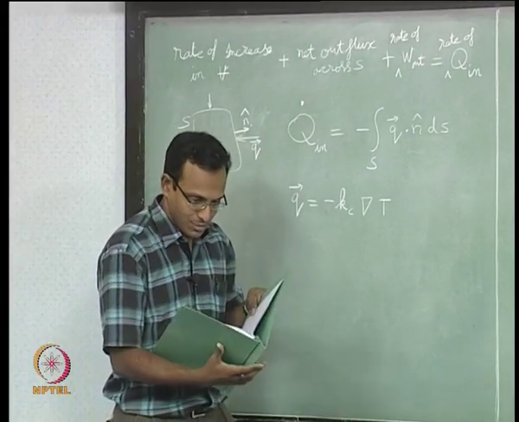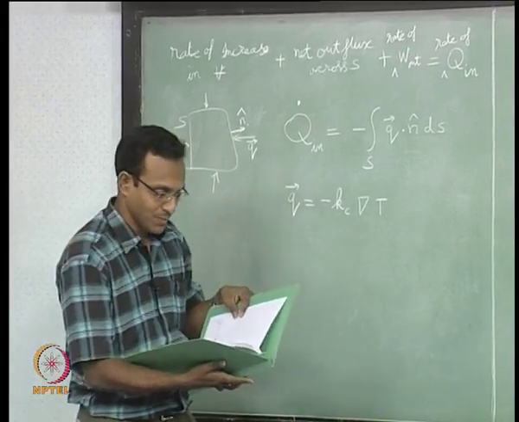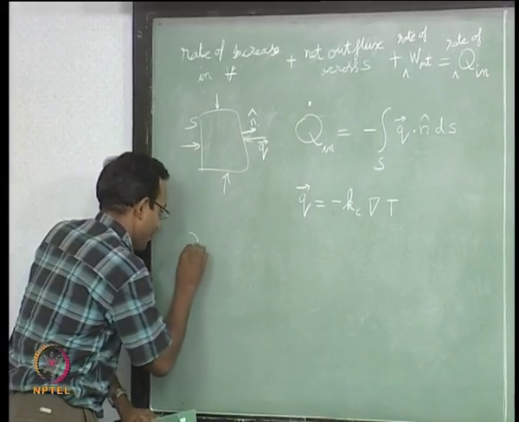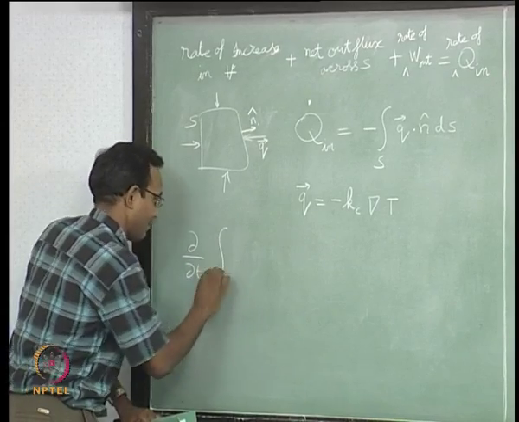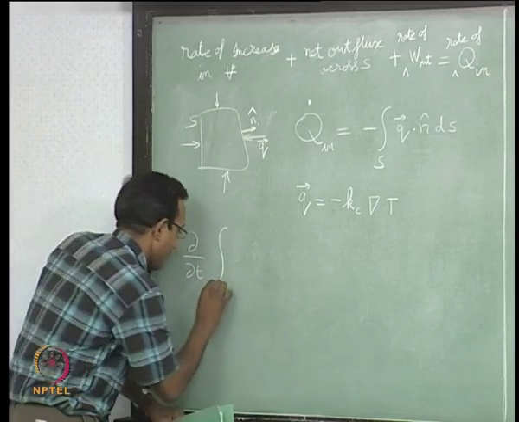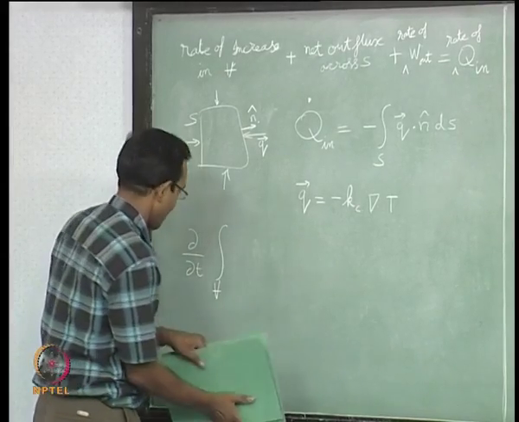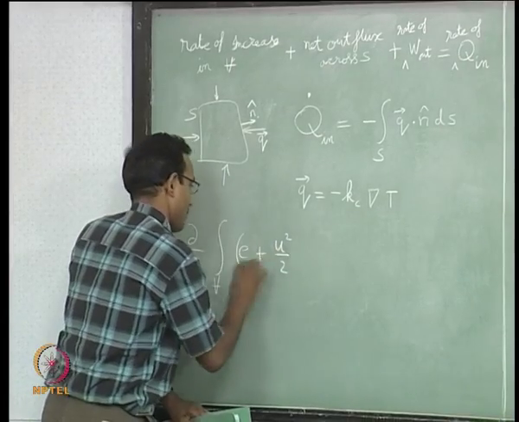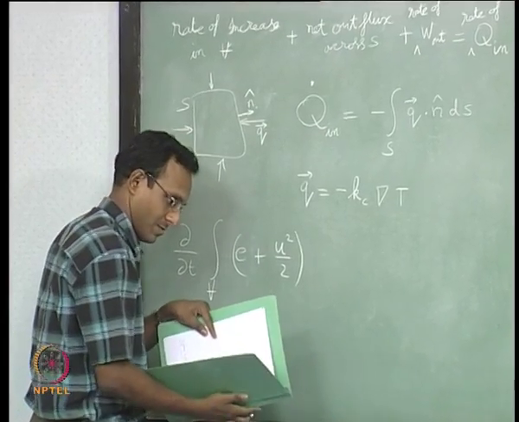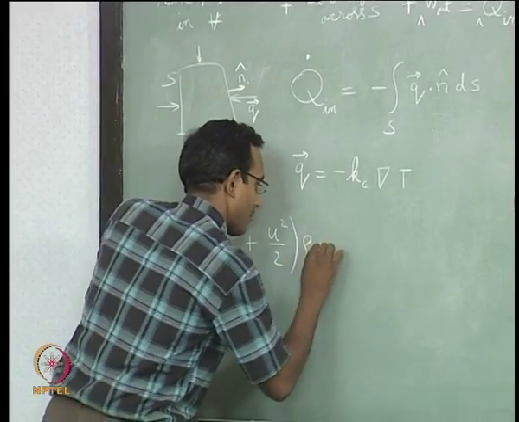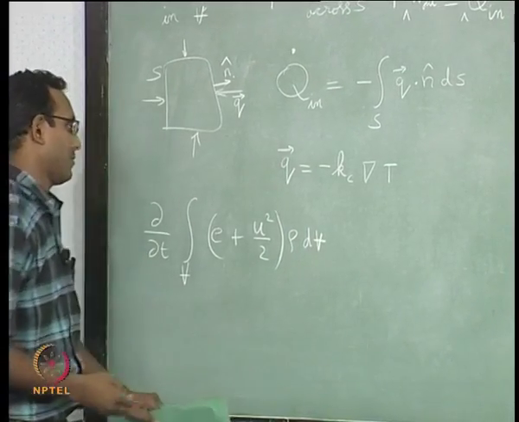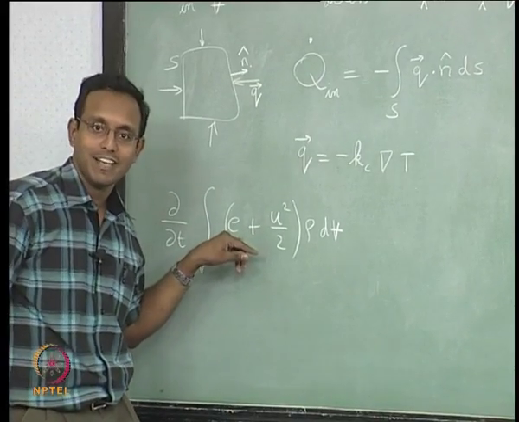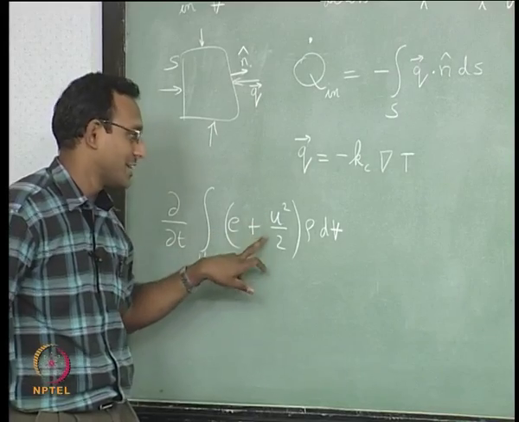Now, we will look at the rate of energy accumulation, that is the easiest term, the time rate of change of stuff. Here e is internal energy per unit mass, we already had this convention, and this is kinetic energy per unit mass.